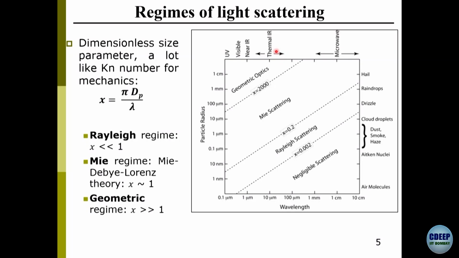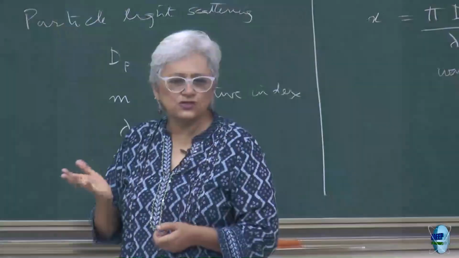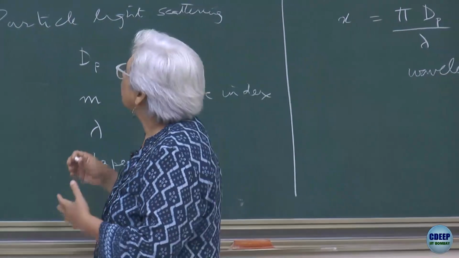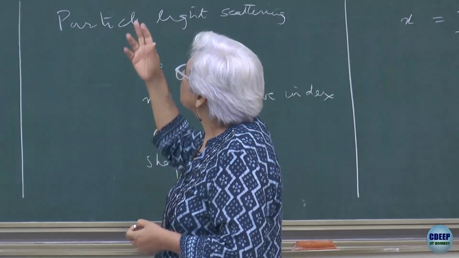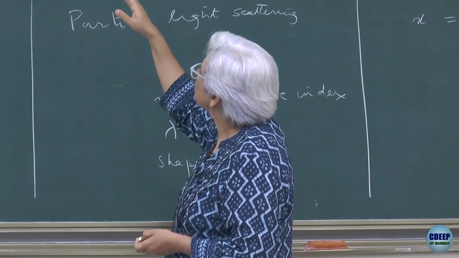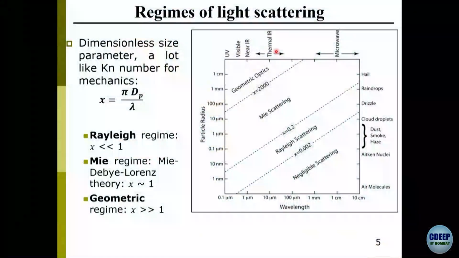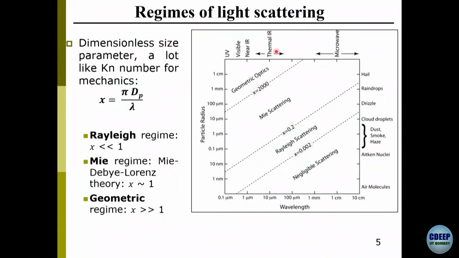But here, just like regimes that we had earlier for mechanics, we have a Rayleigh regime where the size parameter is much less than 1. So, by the time you are getting to nanometer type particle sizes, the scattering becomes too negligible to be detectable. So, here 10 nanometer or a few nanometer sized particles will still be in the Rayleigh regime.